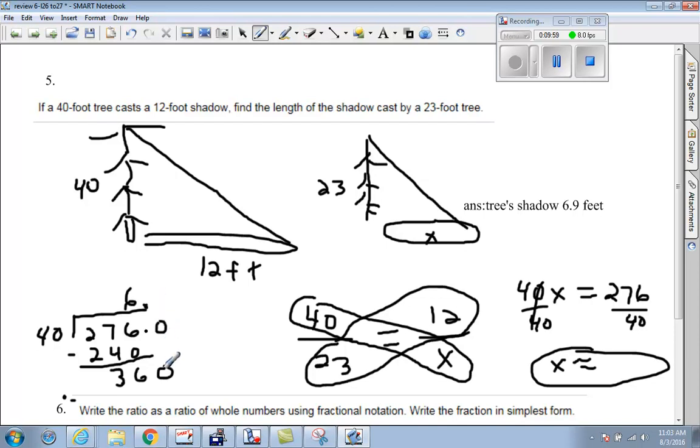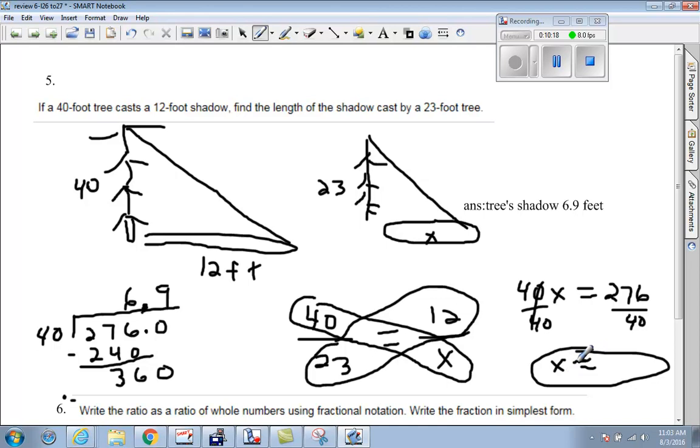Now we start doing decimal division, because 276 really means 276.0. All right. And then 40 into 360, oh, it is going to terminate. The decimal is going to terminate. So that'll be 9. And voila, we are arriving at 6 point.